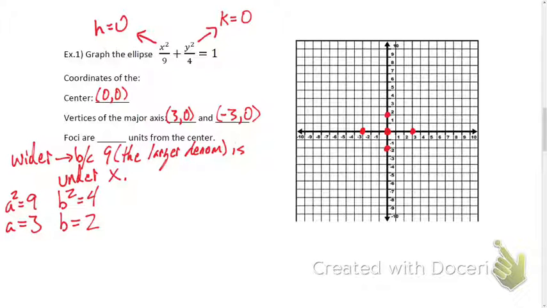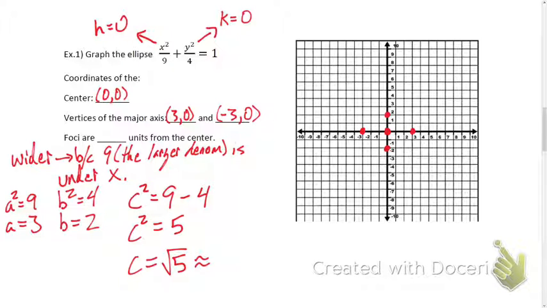For the foci, we need to do that c squared equals a squared minus b squared. So we go 9 minus 4, and we get 5. So c is the square root of 5. You're welcome to write square root of 5 in the blank, but it's hard to graph square root of 5. So let's type it in, and we get 2.2.